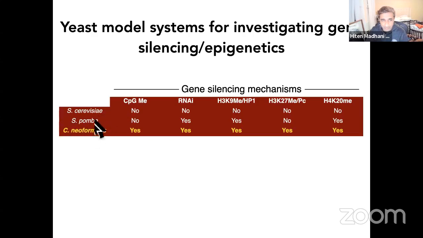Fission yeast, Schizosaccharomyces pombe, has many of these modifications and RNAi, but it lacks DNA methylation. The yeast I'm going to tell you about, which is called Cryptococcus neoformans, in contrast, is more complex and harbors all of these chromatin modification systems as well as DNA methylation.